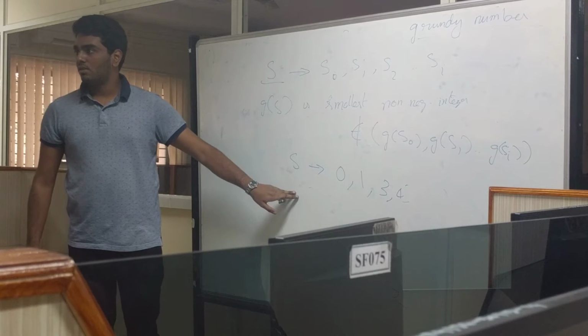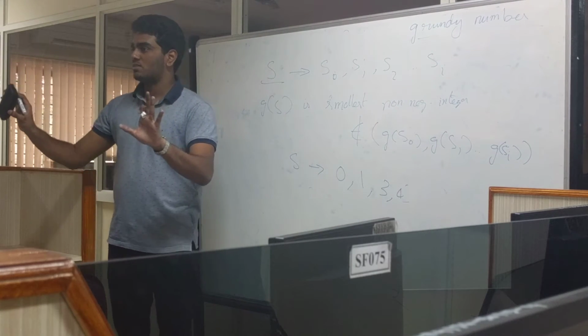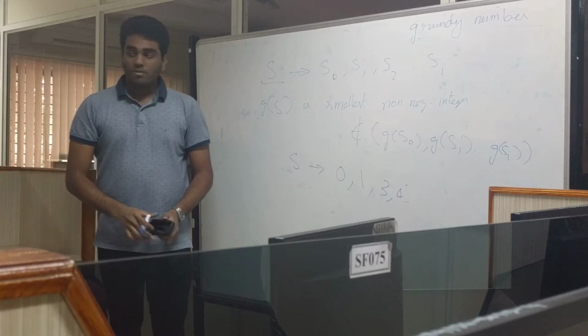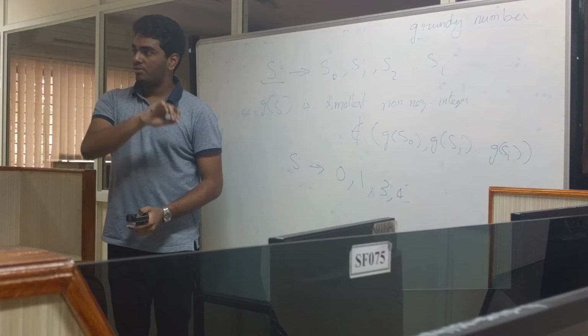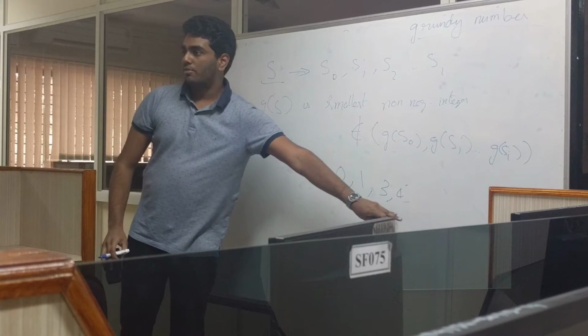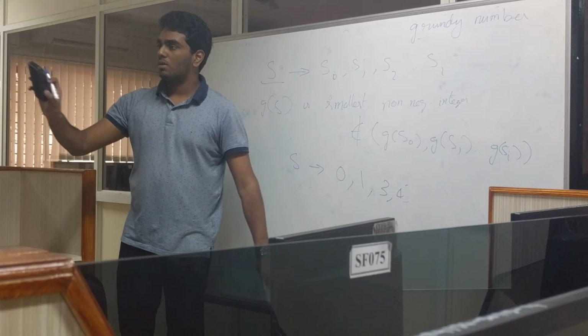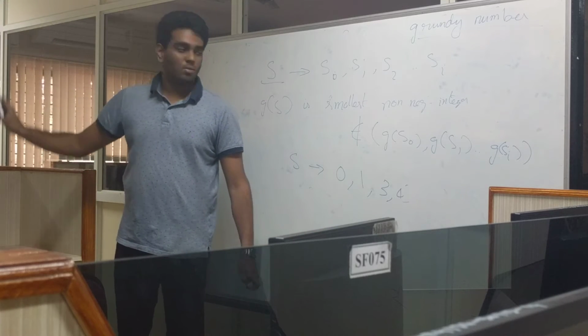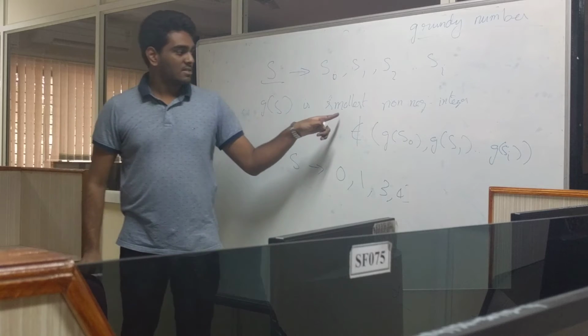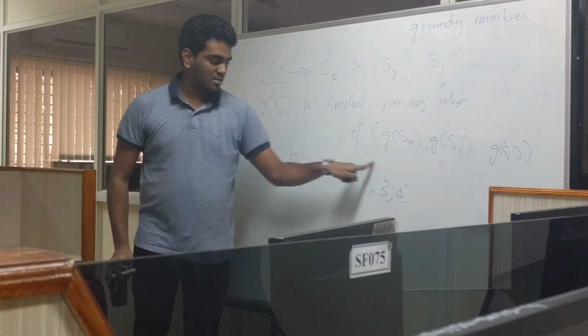S is a state. Let's just assume you can go to 4 other states from S. You've already calculated the Grundy numbers of the other states as 0, 1, 3 and 4. G of S is defined as the smallest non-negative integer which does not belong in this.